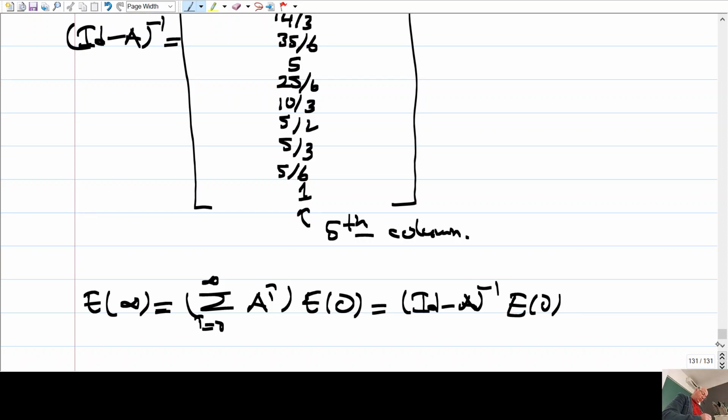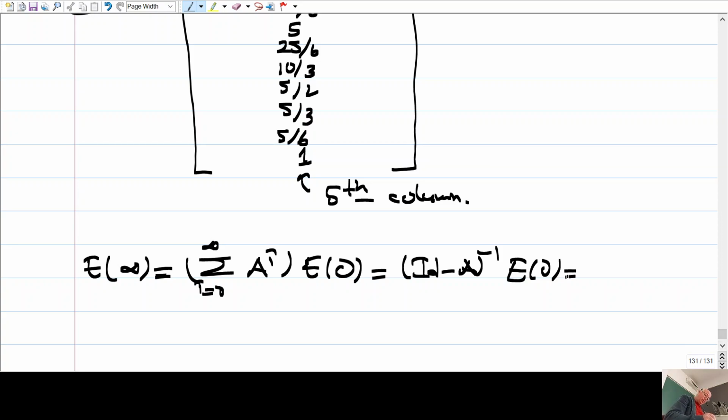It is just, of course, the fifth column of identity minus A inverse.